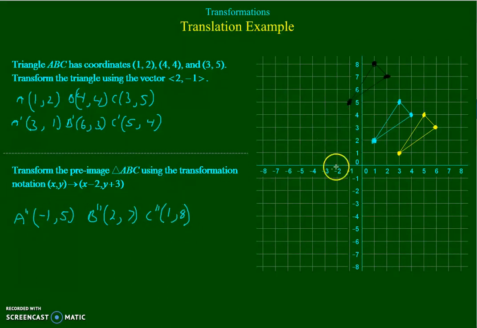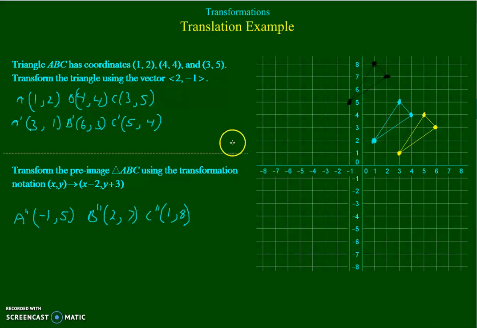I've gone ahead and plotted these points, negative 1, 5, 2, 7, 1, 8. That takes this one, it goes to the left 2, and up 3.